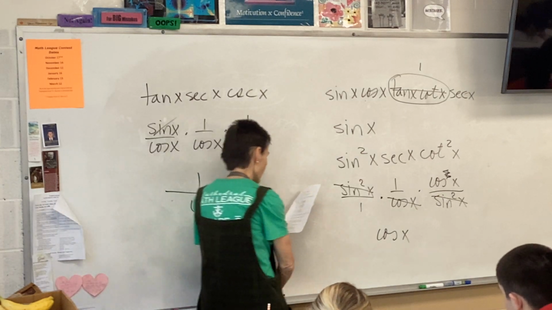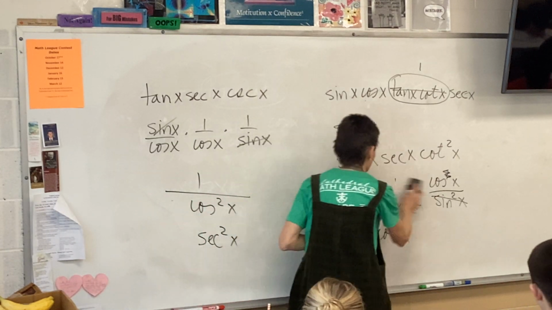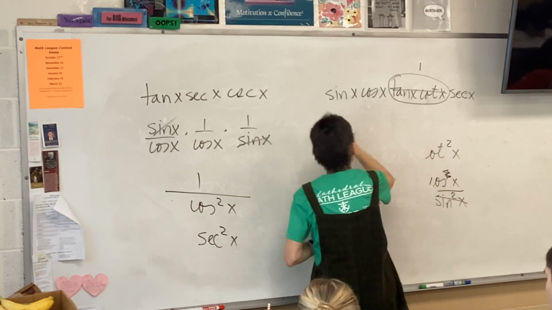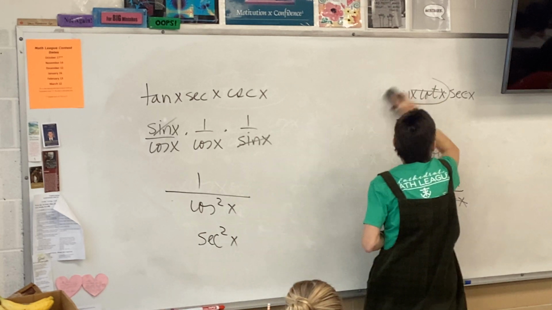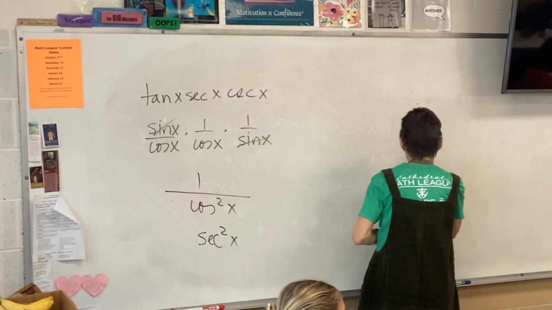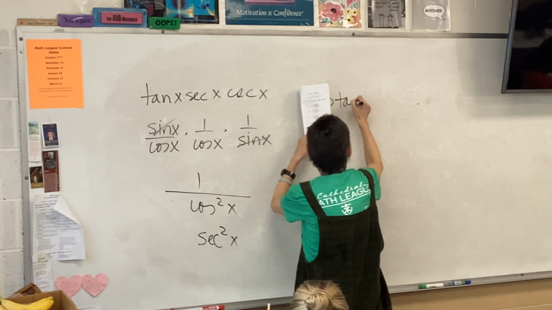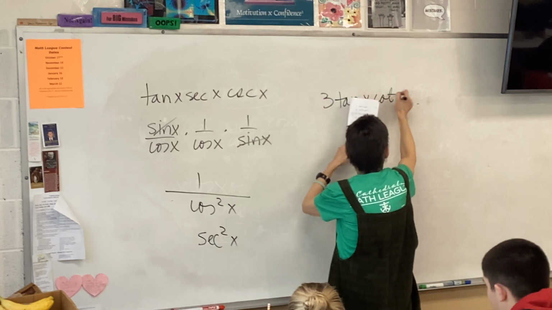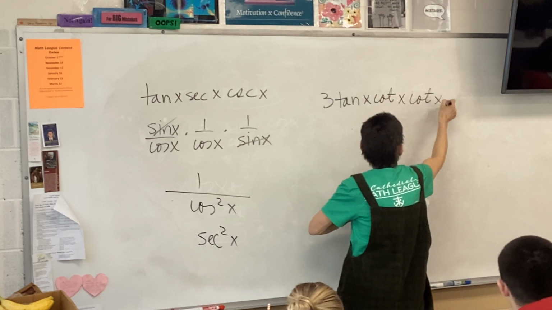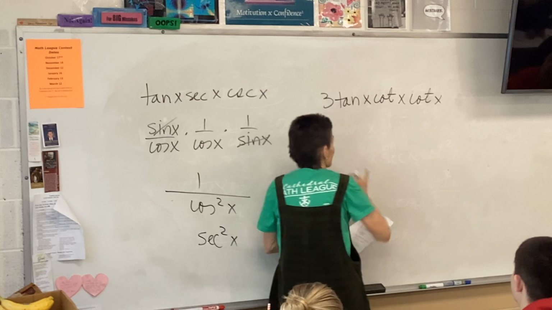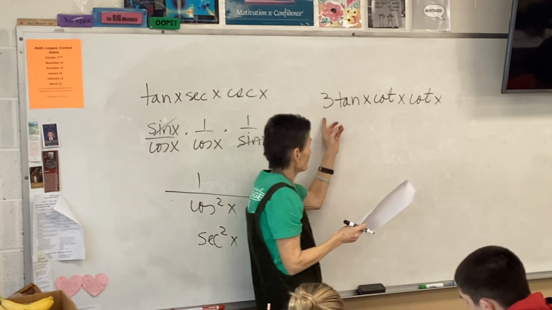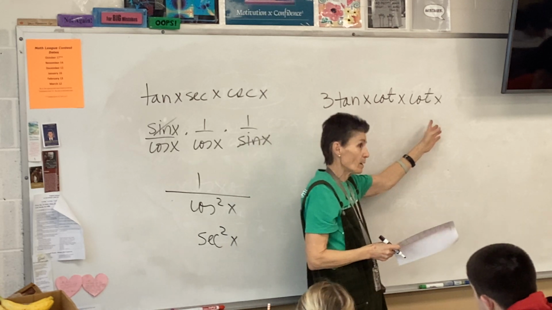All right, and then 23 is the last one of this kind, number 23. Now, I want you to look up here for a minute. Those of you that are getting the hang of this. I have 3 tangent and then I have cotangent squared.